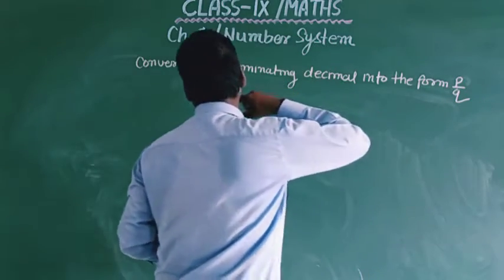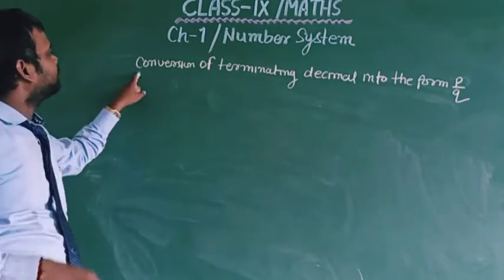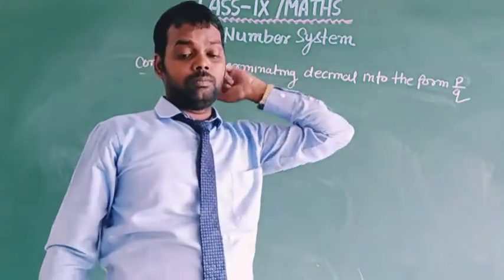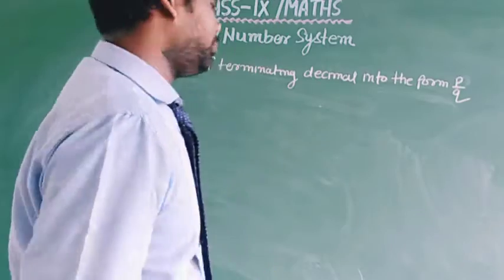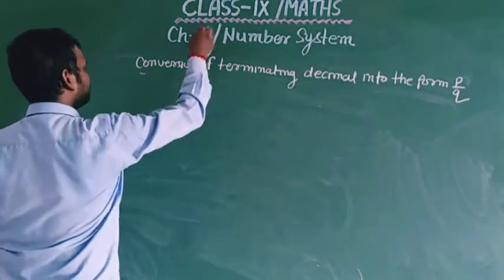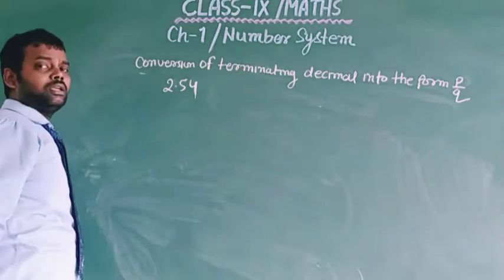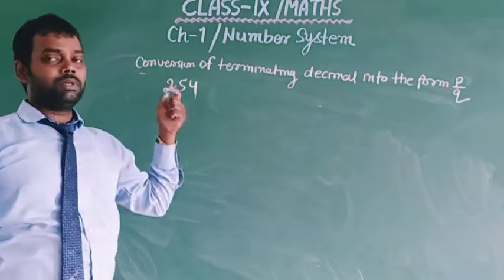Next topic, how to convert terminating decimal into p by q form. So let us take an example: write 2.54. This is a terminating decimal expansion.